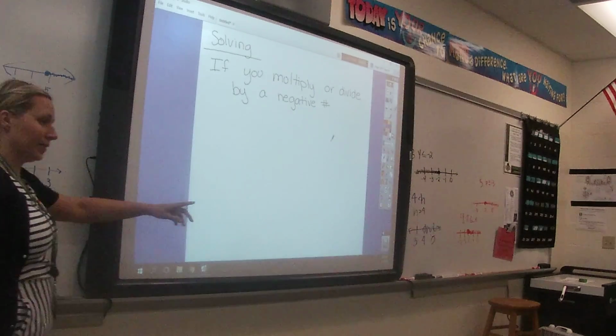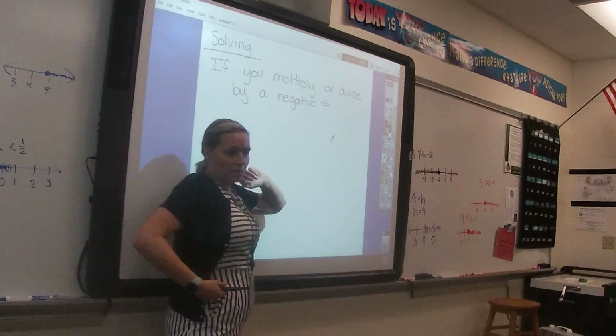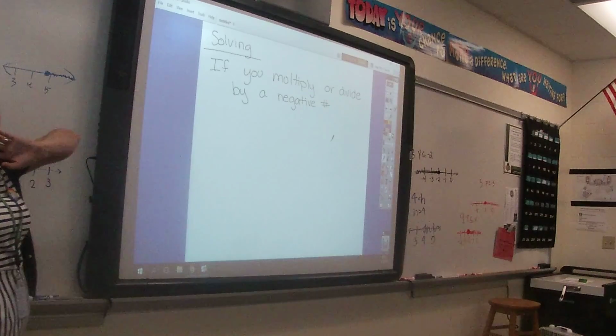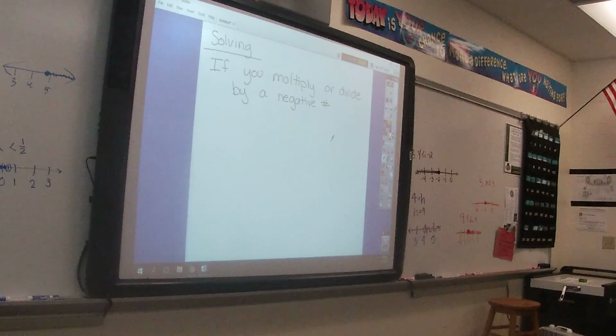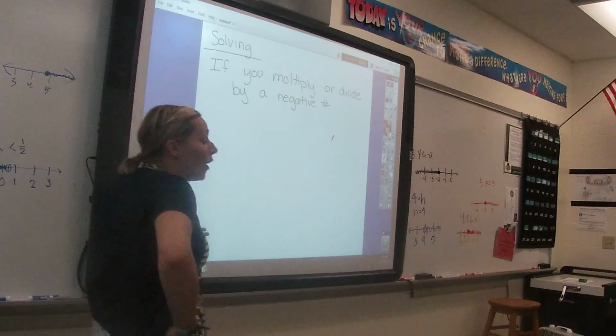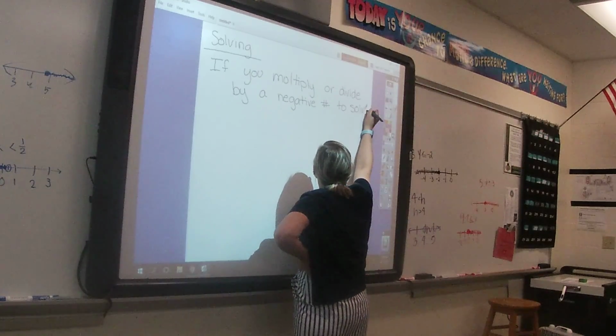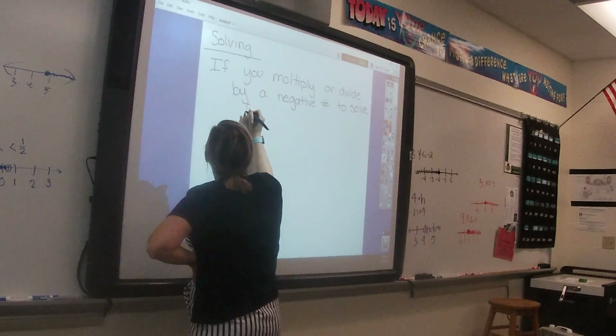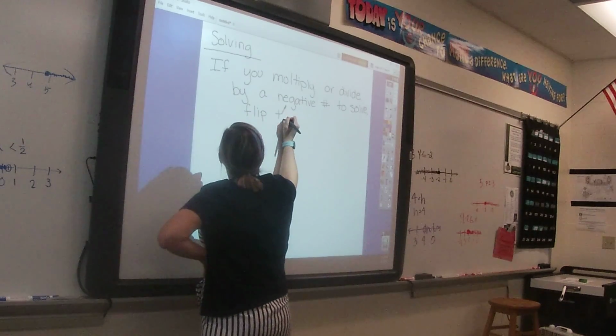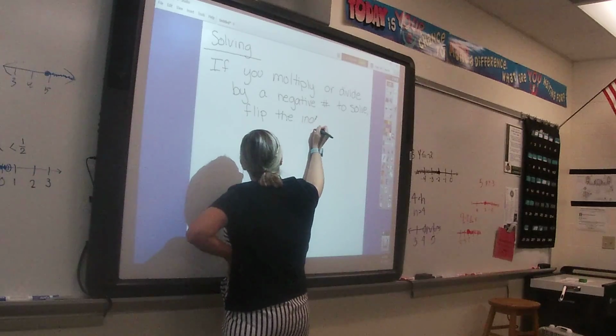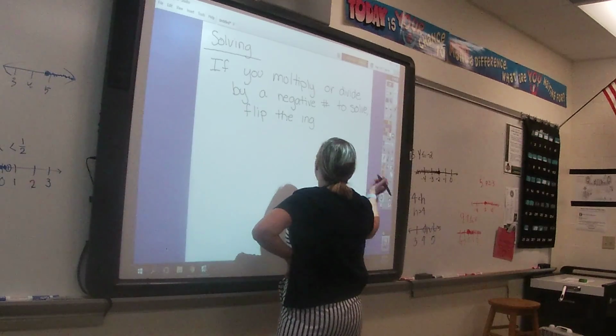That's not hashtag, this stands for number. So if we multiply or divide by a negative number to solve the inequality, we are going to have to flip the inequality sign.